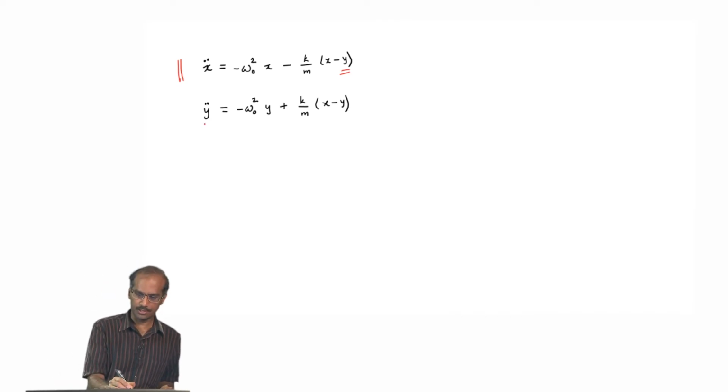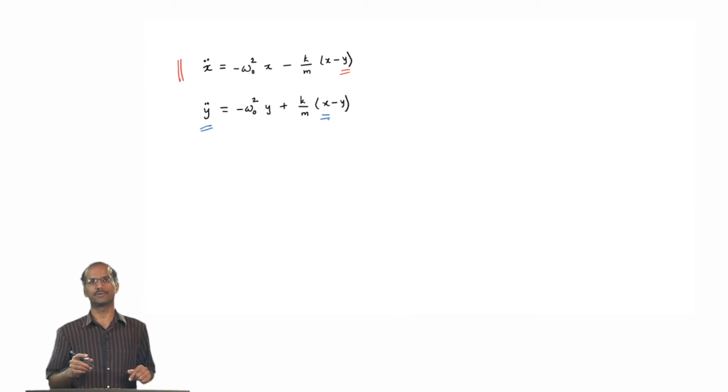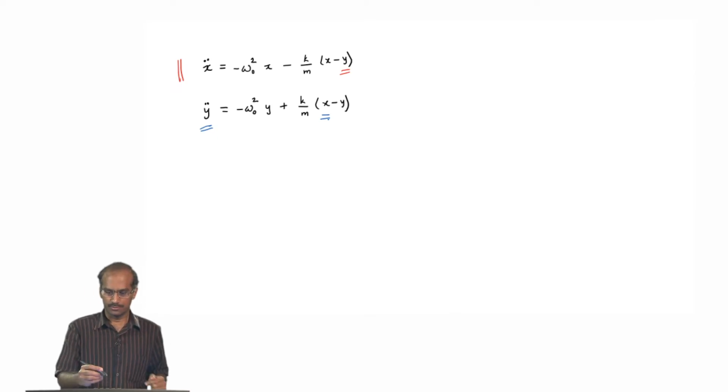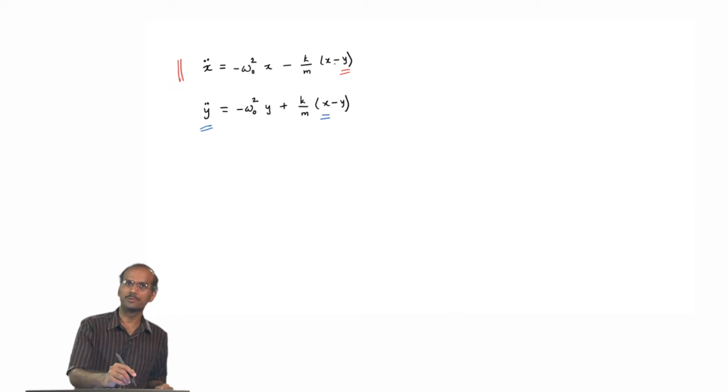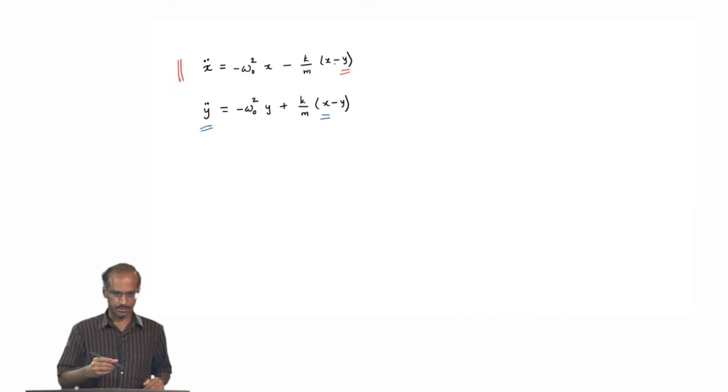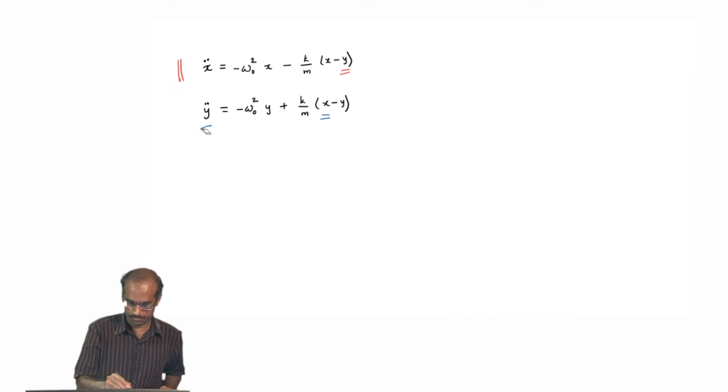Similarly, the equation for the y pendulum has a contribution from the x pendulum. So in that sense they are coupled. Earlier we could easily solve it because there were no such couplings. Now you need to know y to be able to solve for x, and to solve for y you need to know x. So it is a kind of chicken and egg problem.